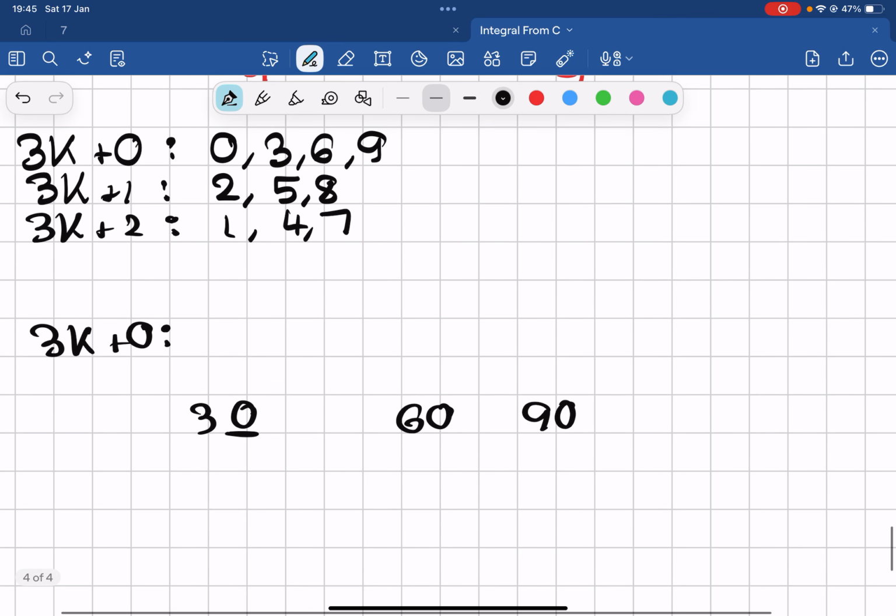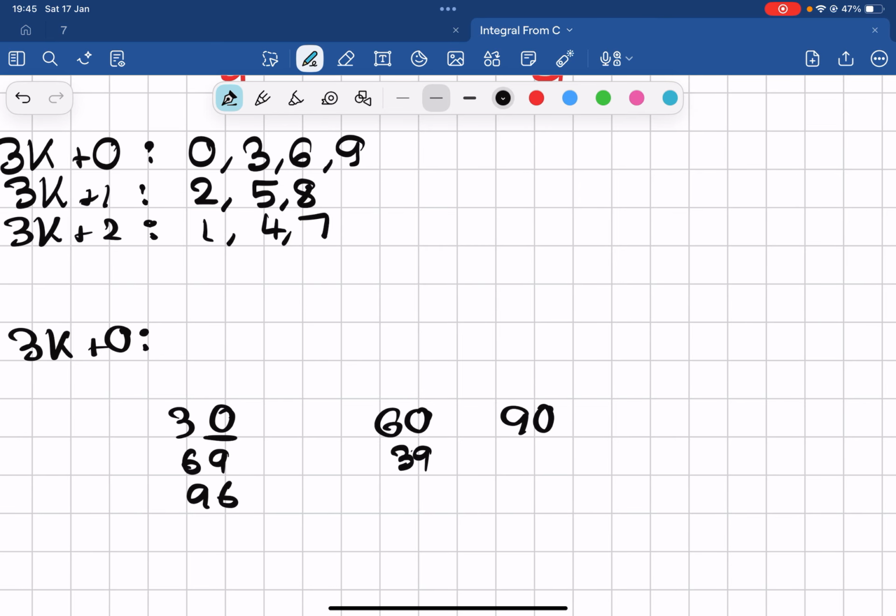We can form 69 and 96. What about 60? If we have 60, we can form the numbers 39 and 93. And then 90: we can form the numbers 36 or 63. So might I bracket this off?